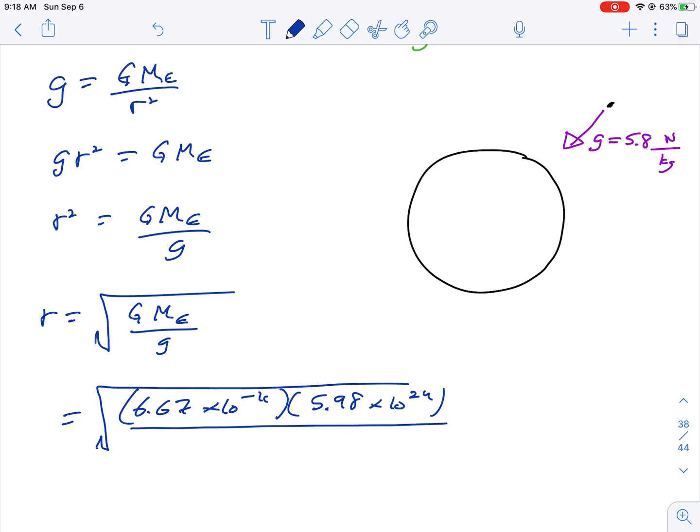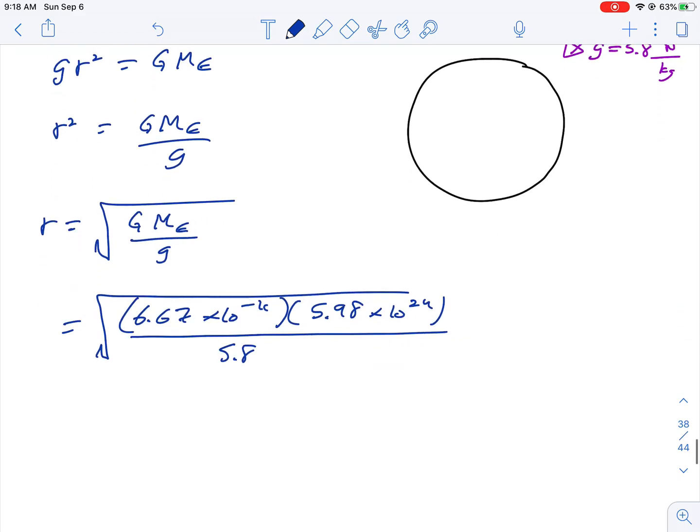Remember, in this question, because we're off the surface of the Earth, it's 5.8. So now we can find that value. Square root that. Okay, so I get about 8.2928 times 10 to the 6th meters.